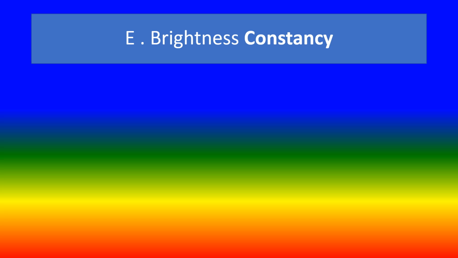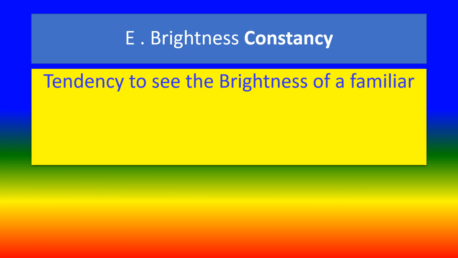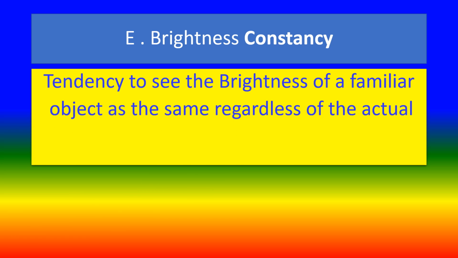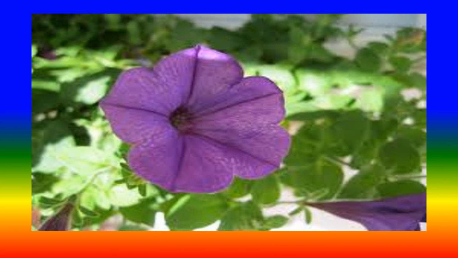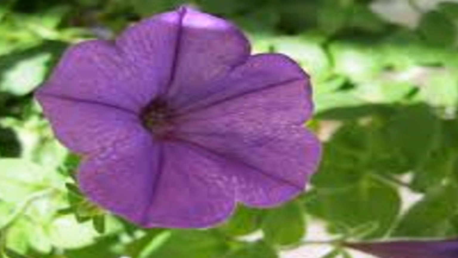E, brightness consistency. The tendency to see the brightness of a familiar object as the same regardless of the actual condition. Look at these different pictures expressing brightness consistency.